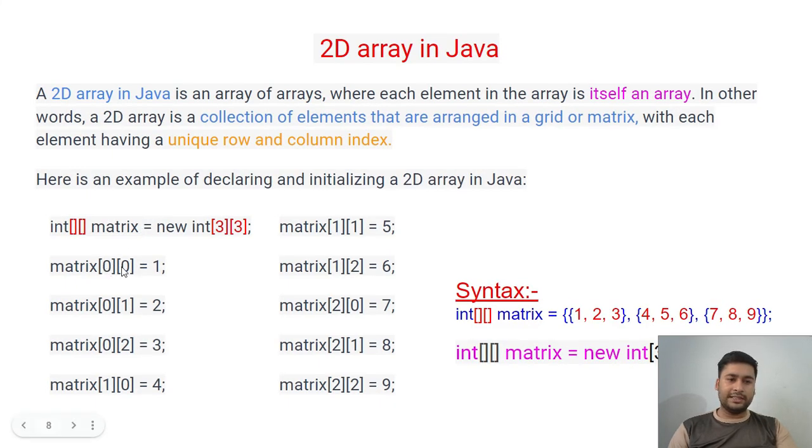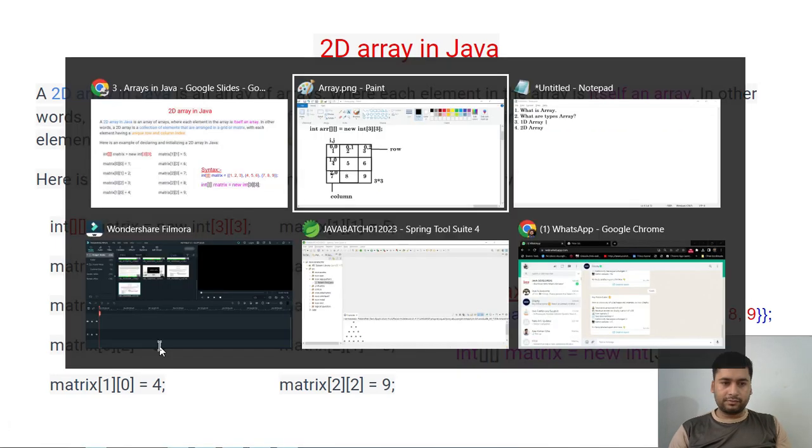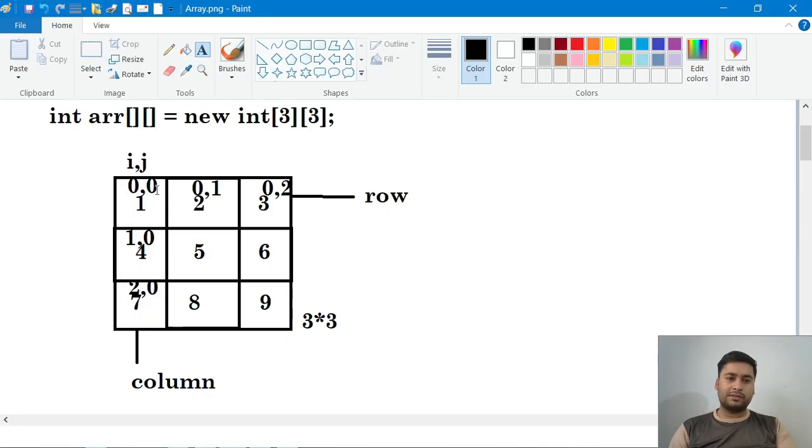Here, if you see, 0 0. Matrix is the reference name of the array, and the index is 0 0. It will store 1, 0 1 will store 2, 0 2 will store 3.